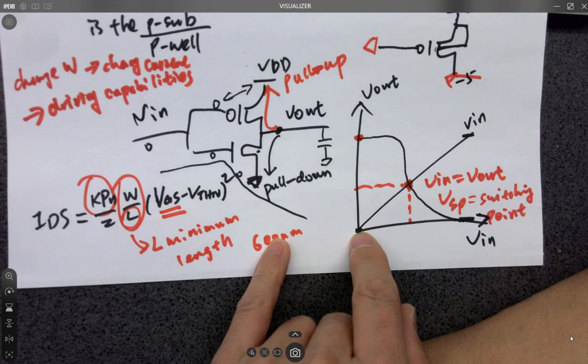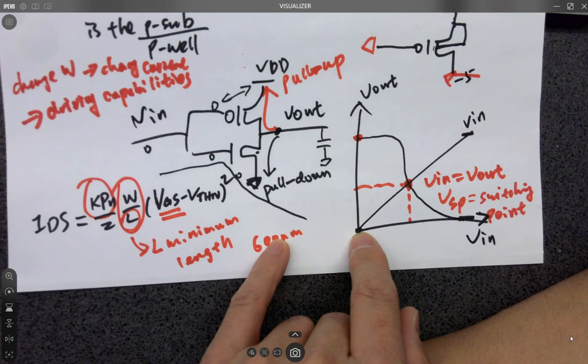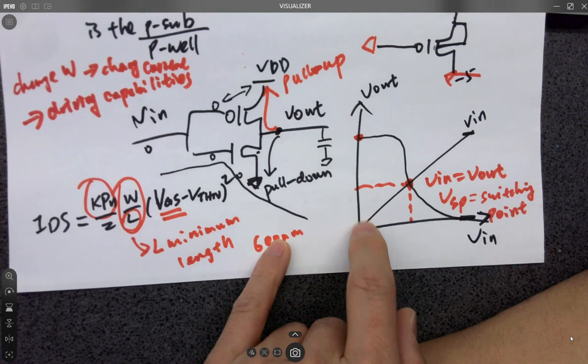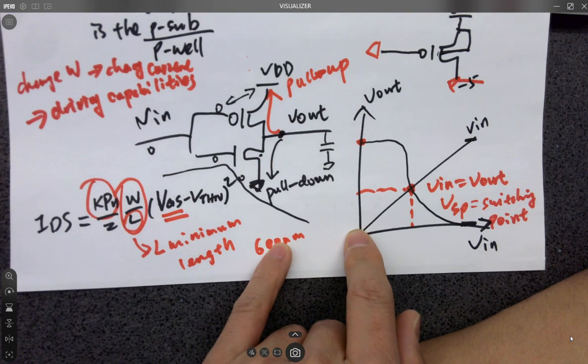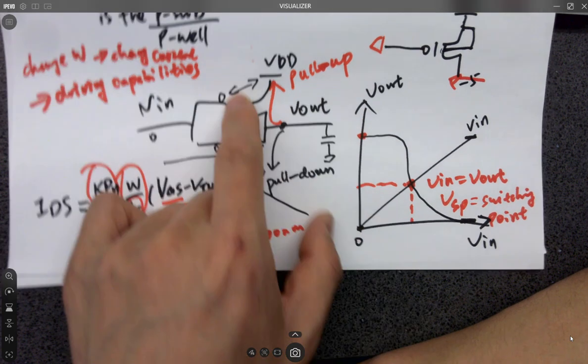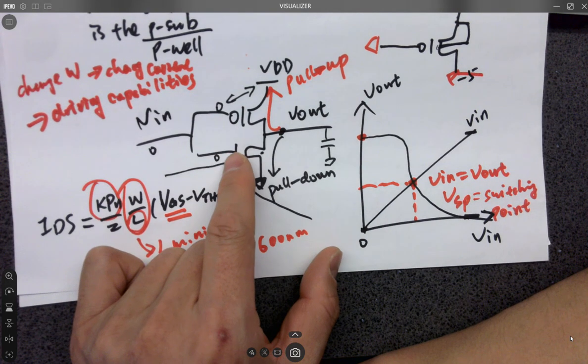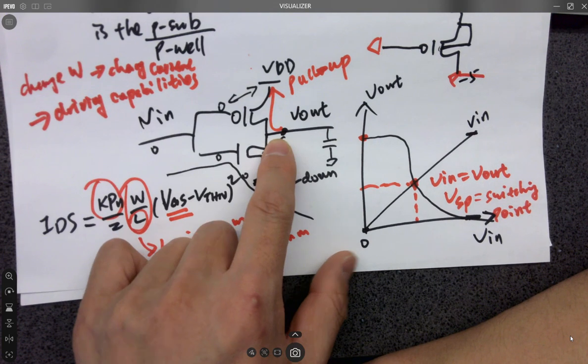At zero, who is pulling? Mike Tyson, yes, because PMOS is on and NMOS is off. I am not pulling at all.